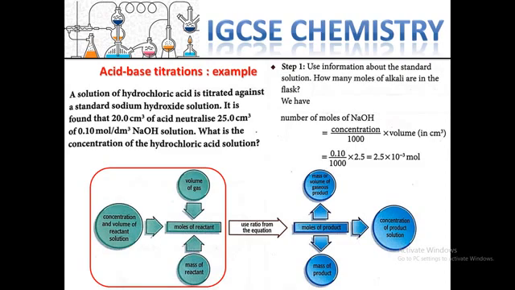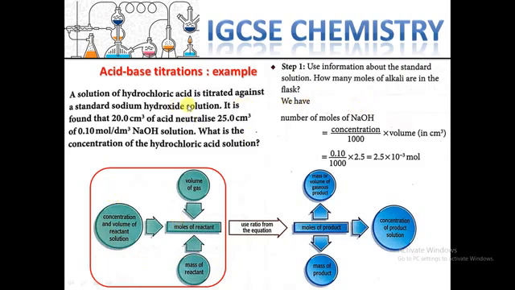But from this chapter you can calculate the final concentration, how much concentration of acid or base will be obtained.